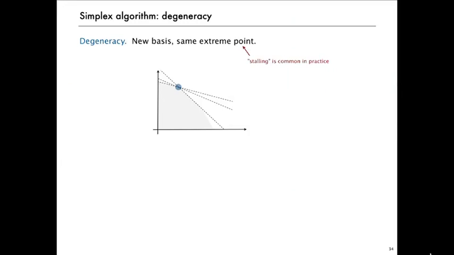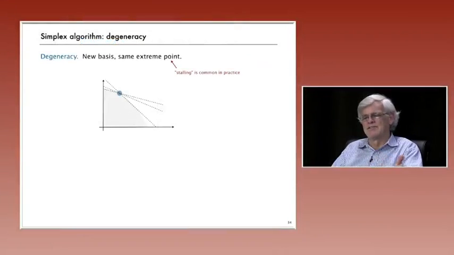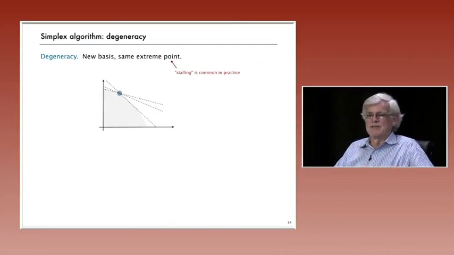Now, there are things that can happen during the execution of the algorithm that we've glossed over. One thing is that you could get stuck, in that you could have a new basis. You could make your substitution, but still wind up at the same extreme point, like if a bunch of lines intersect at the same extreme point.